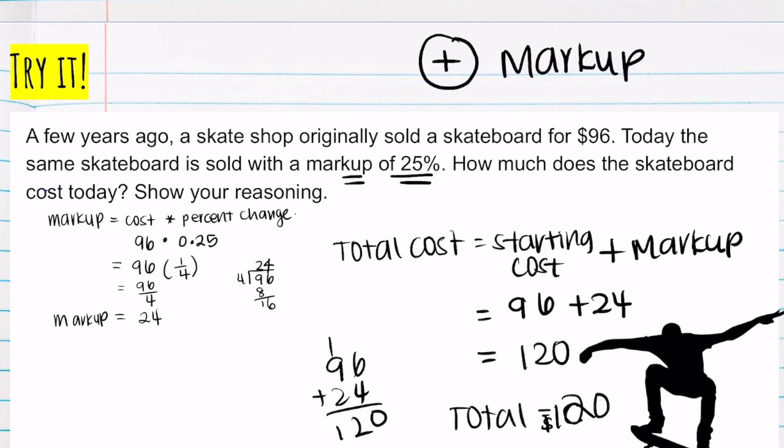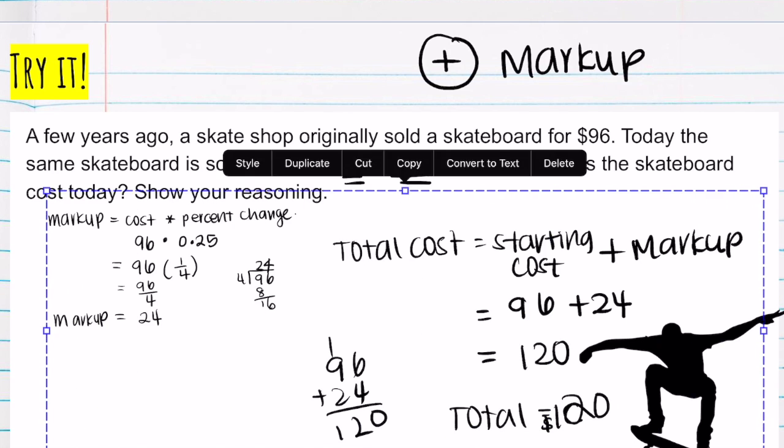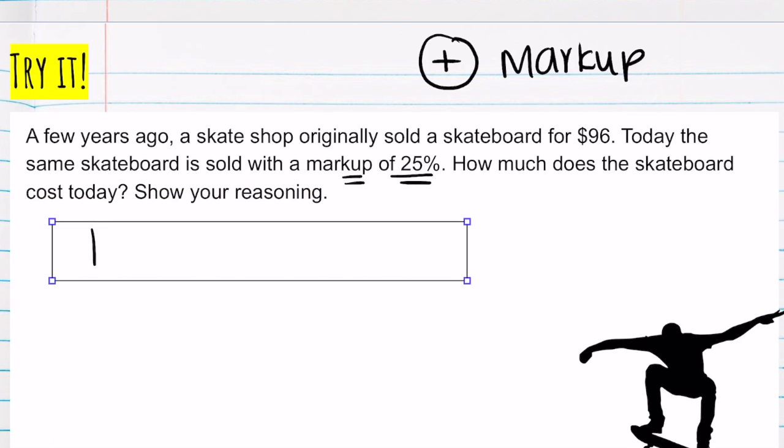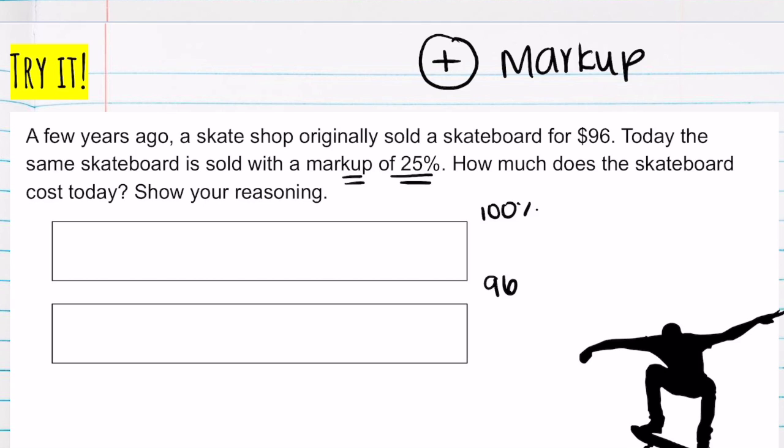Now the question is, is there another way to solve this? And the answer is yes. You can use visual models like a fraction strip. What we know here is that the original price, which is 100% of its cost, is $96. We're trying to figure out 25% of the 96.